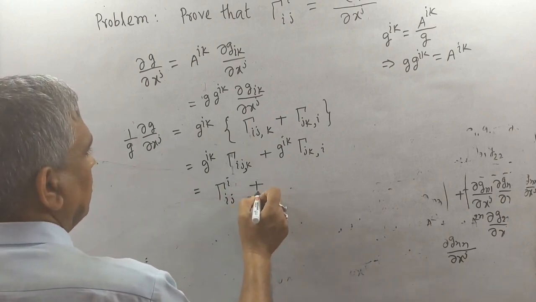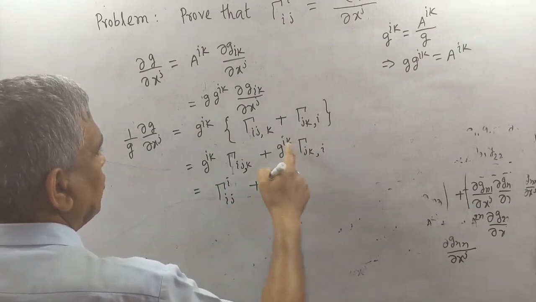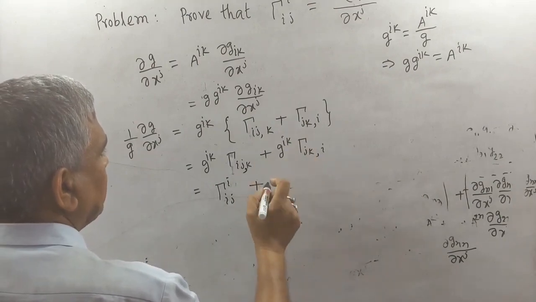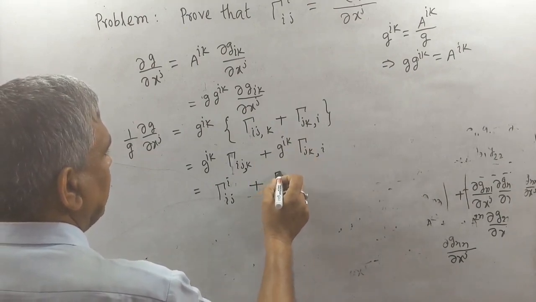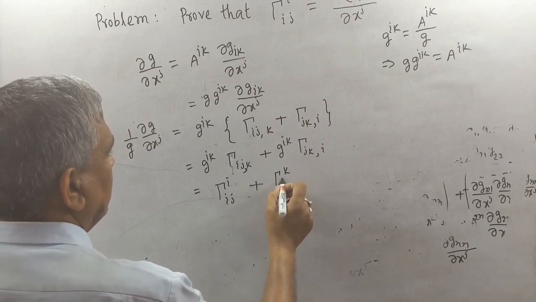Here also i is a dummy suffix, so we may write this as the Christoffel symbol of the second kind {k,jk}.